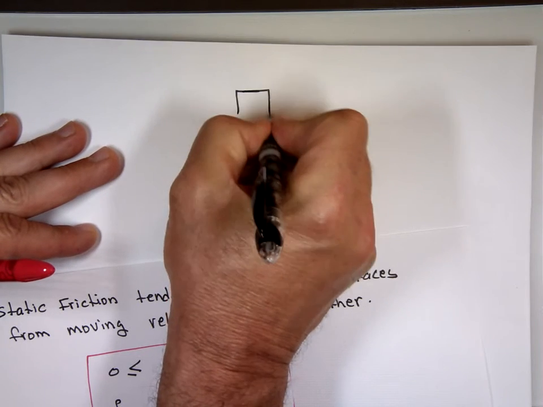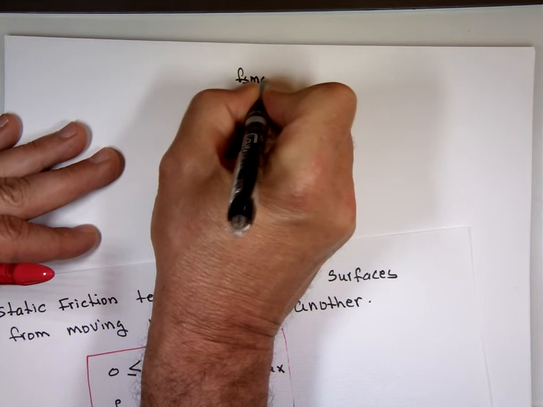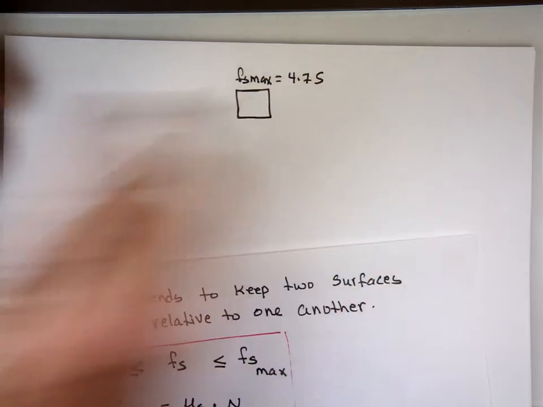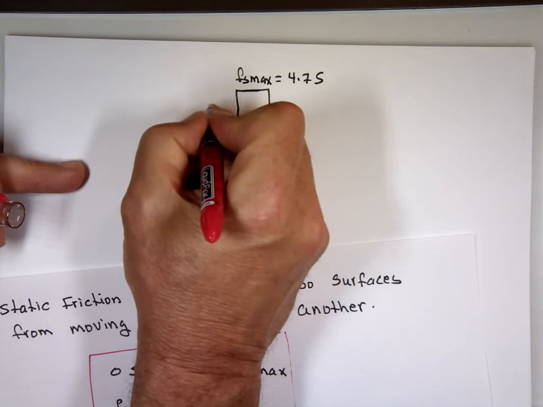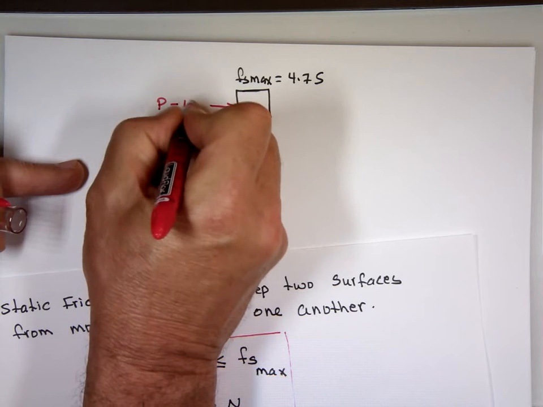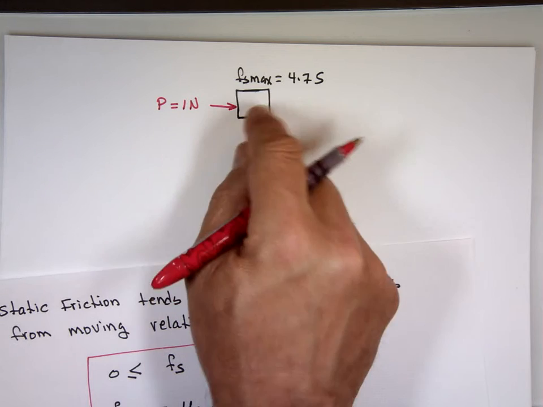So Fs maximum is 4.75. If I push on the iPhone with a force, that's me pushing with my finger, of 1 Newton, is that phone going to move? The answer is no. I need a value larger than this to make it move.